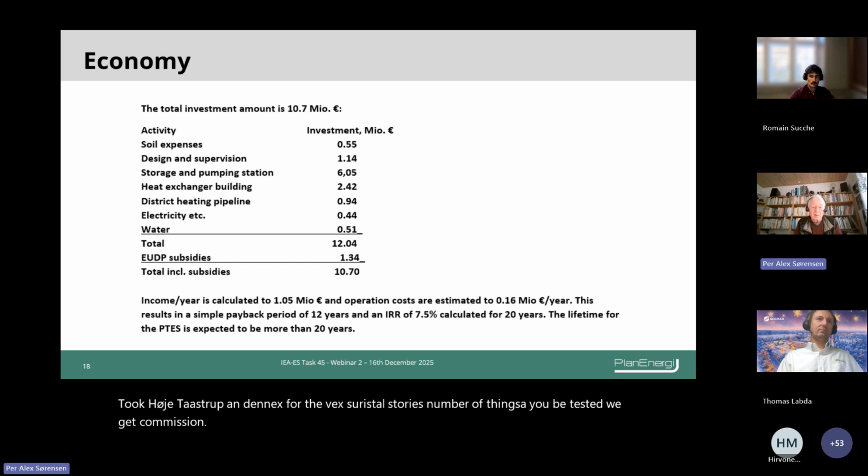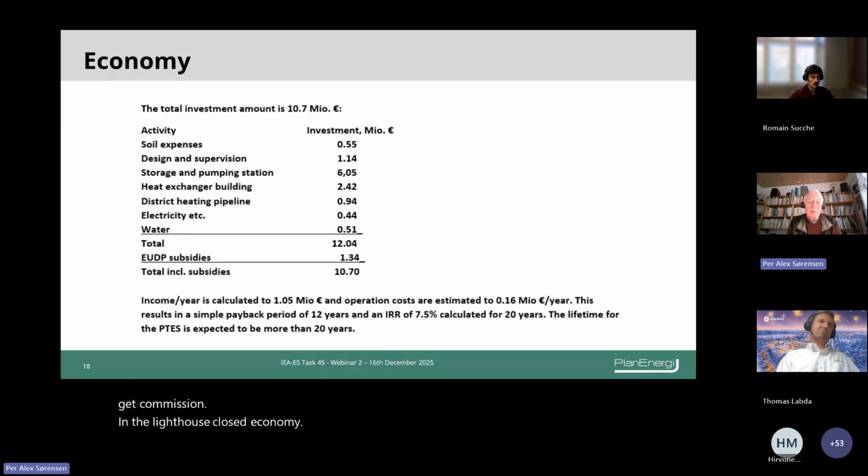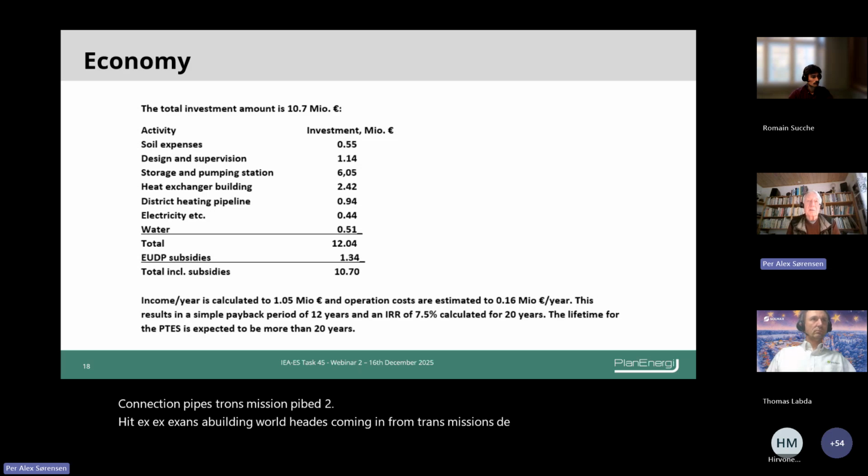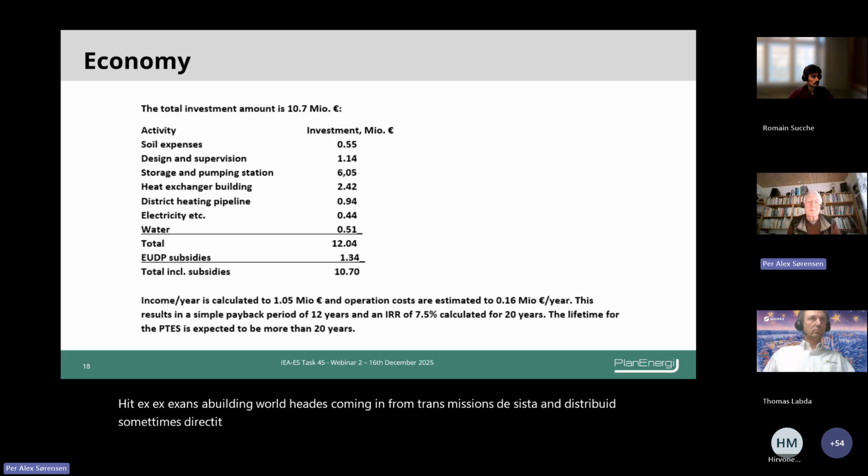If you look at the economy, this is the total system, and it includes the storage, but it also includes connection pipes, transmission pipe to heat exchanger building, where heat is coming in from the transmission system and distributed sometimes directly to the distribution system and sometimes to the storage.